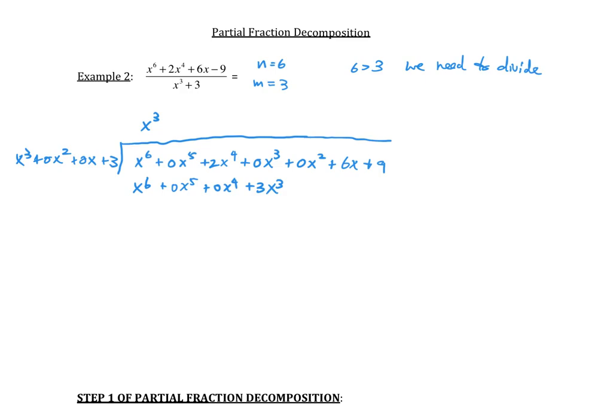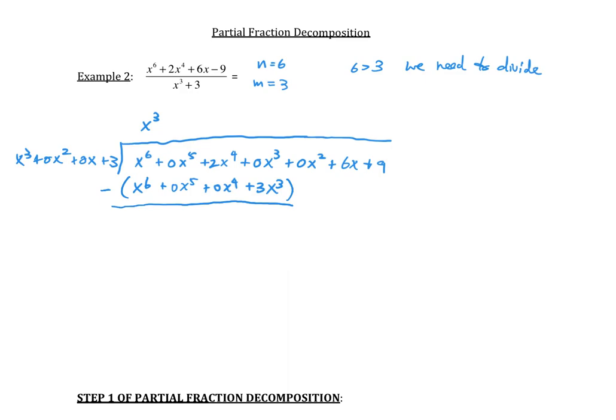Okay, and I want to subtract this polynomial from this polynomial. So to make sure I do that, I'm going to put parentheses here, put a subtraction sign, and then let's subtract term by term.